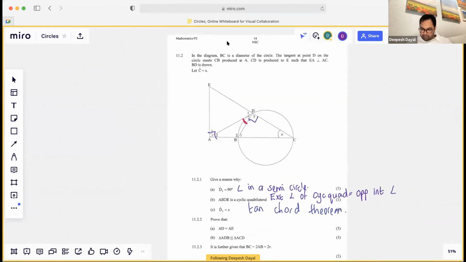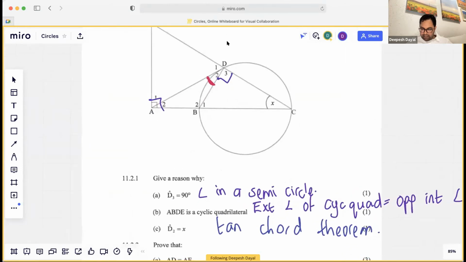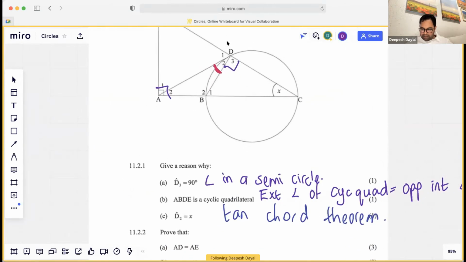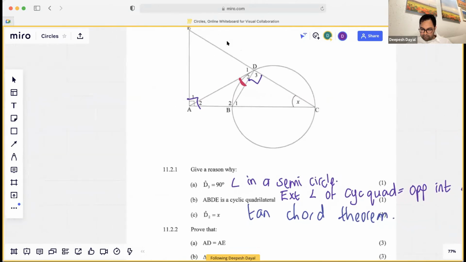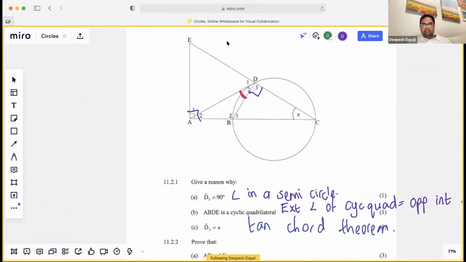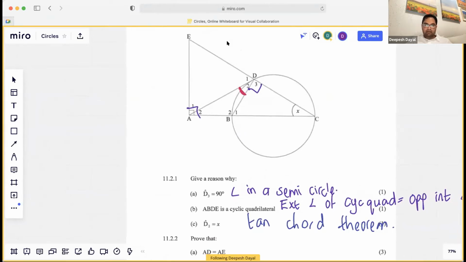The next one says prove that AD equals AE. So where's AD and where's AE? There, AD and AE, right?